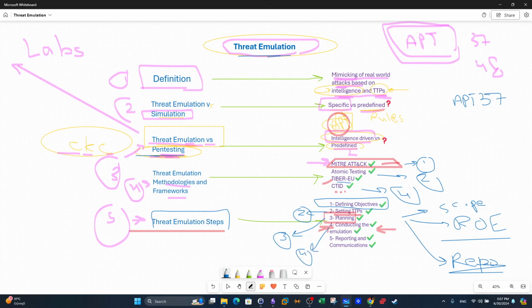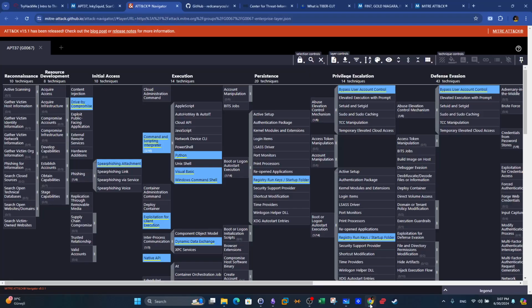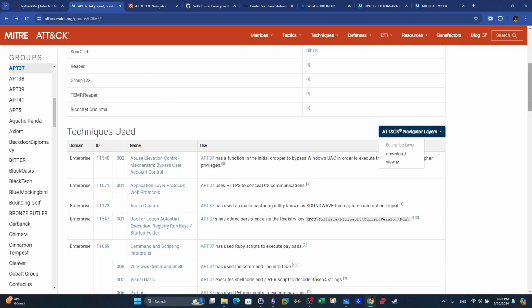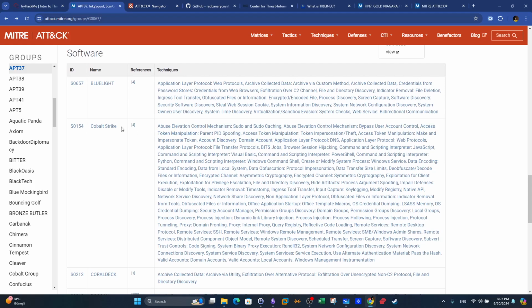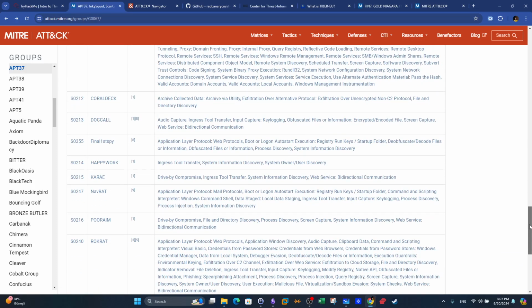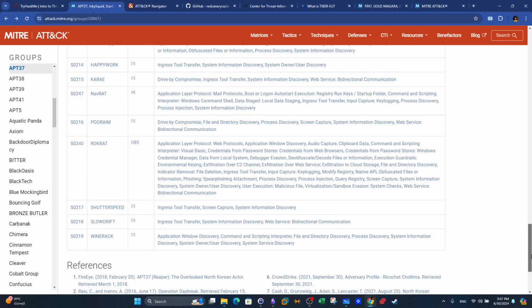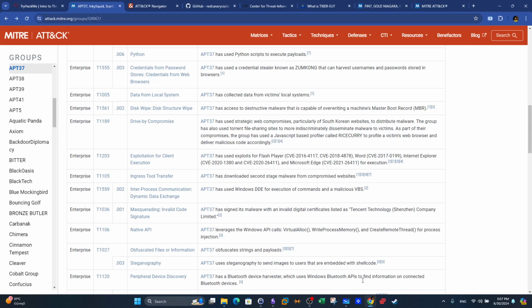In here we're going to choose the labs and the tools, according to what? Again, according to the groups that we have specified. For example, going back to APT37, as you can see in softwares, they have used Cobalt Strike. So in your emulation campaign, you're going to choose Cobalt Strike as your C2 tool. You can also use some or all of these tools to conduct your threat emulation.